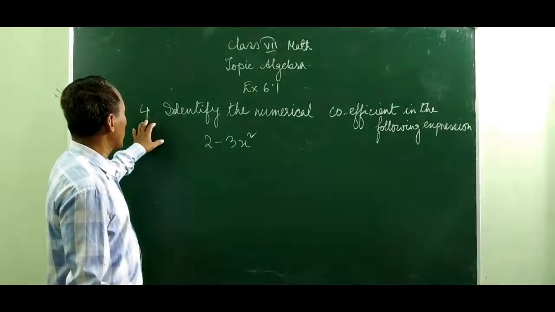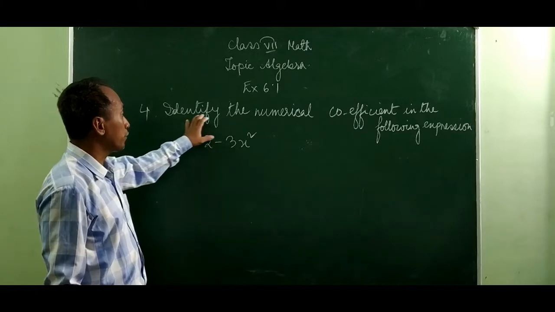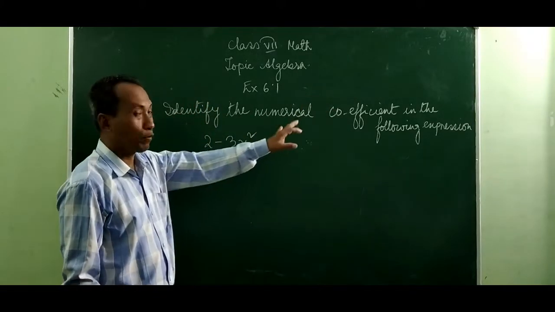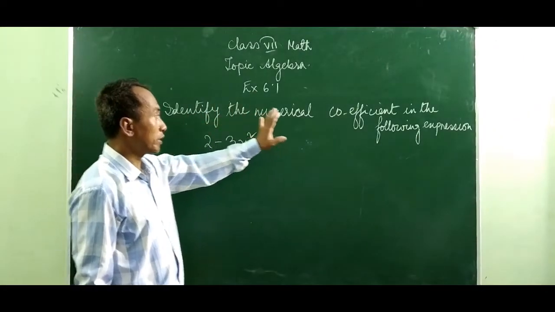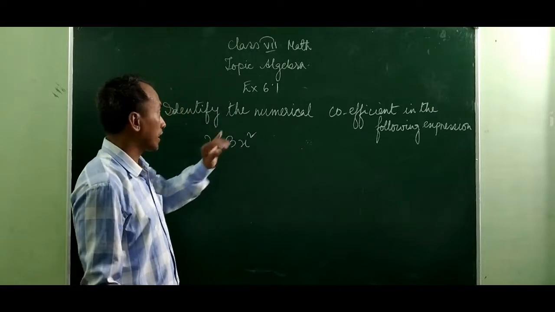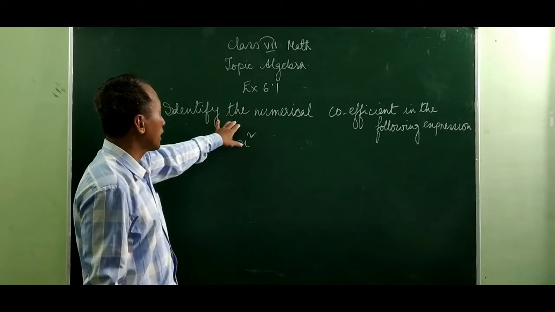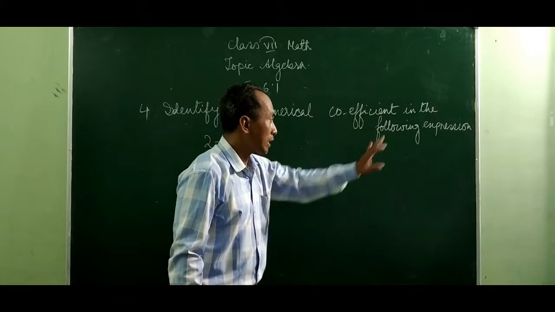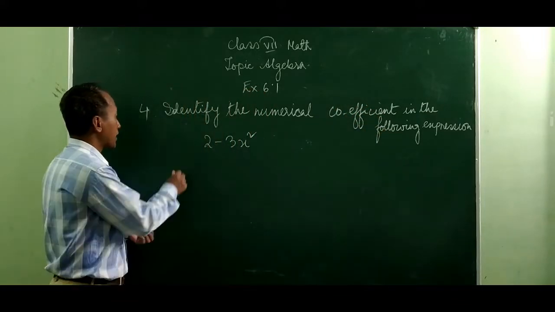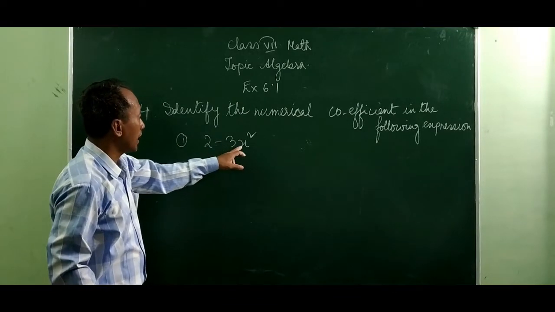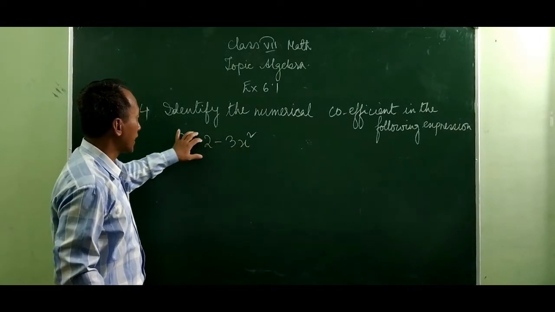So here question number 4 says identify the numerical coefficient other than a constant in the following expression. I have not written other than a constant, but in your book it is written other than a constant. So here is one expression. The expression is given as 2 minus 3x squared. So 2 is a constant.